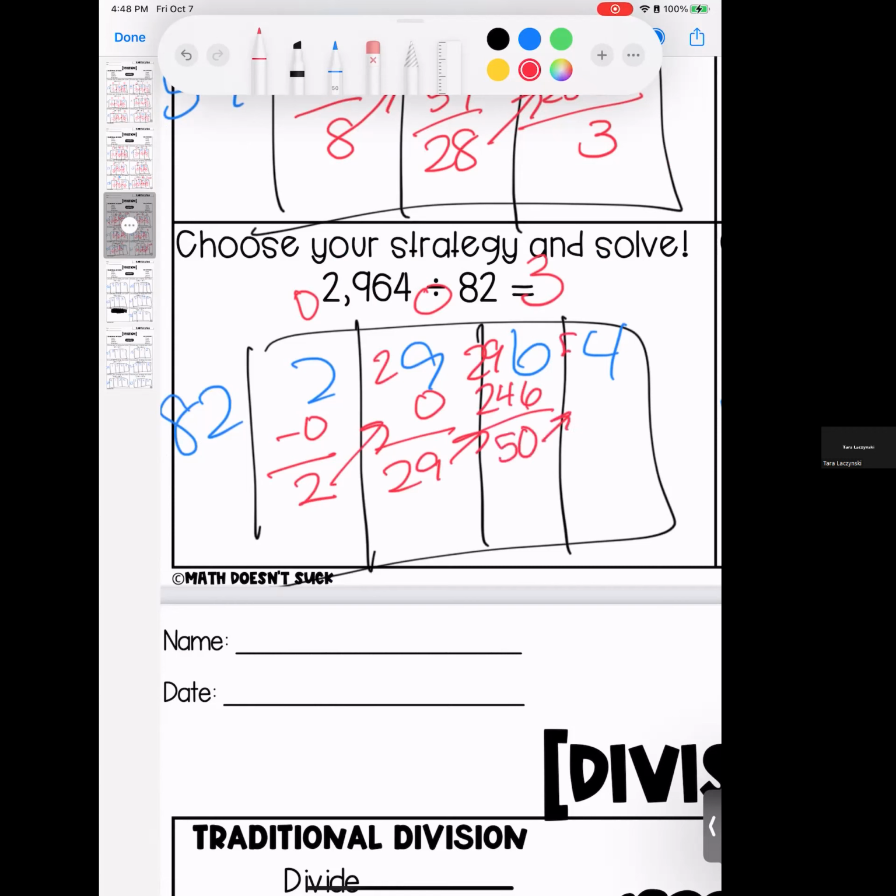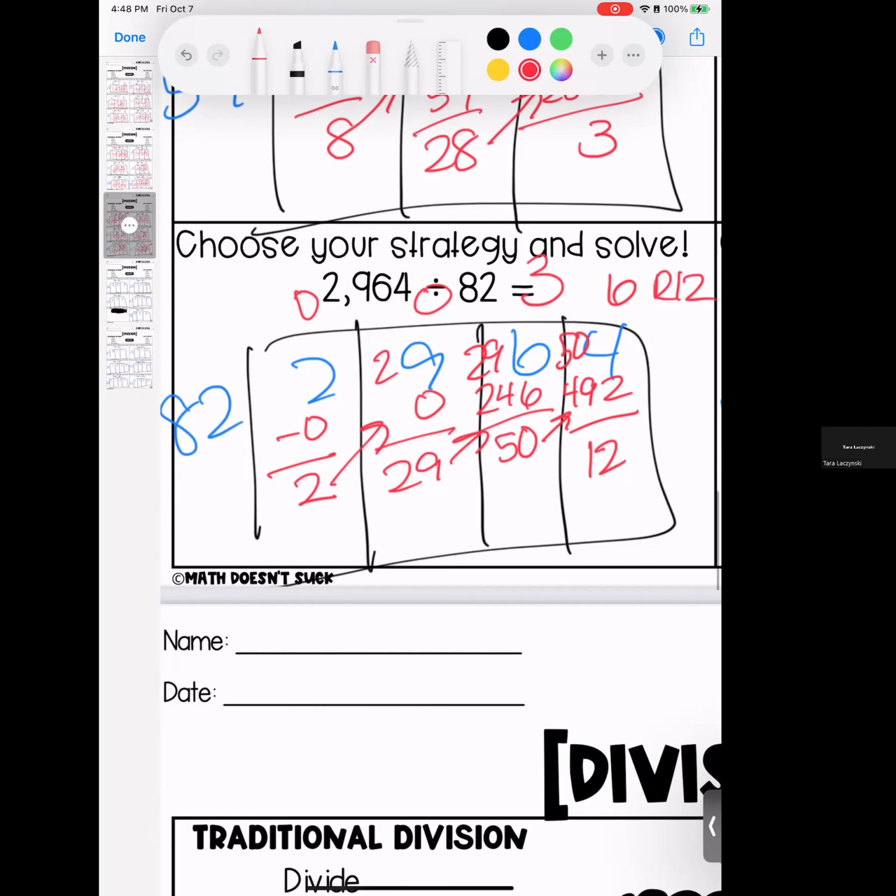We bring it next door. 82 goes into 504. The closest we can get is 6, which gives us 492. When we subtract that, we are left with 12. Our answer is 36 with a remainder of 12.